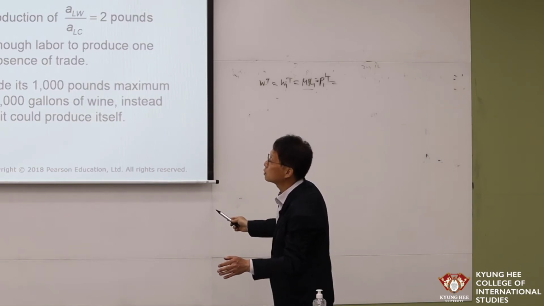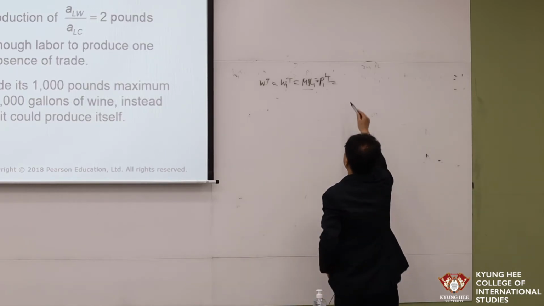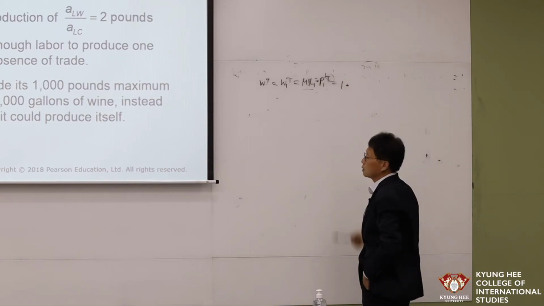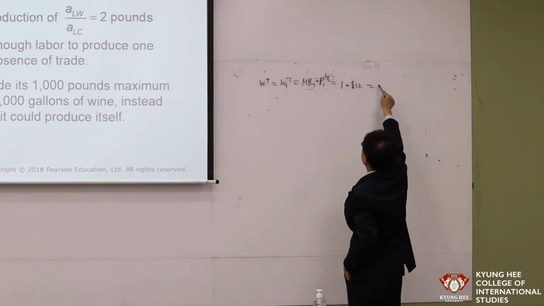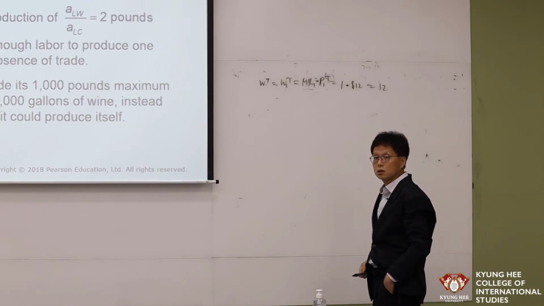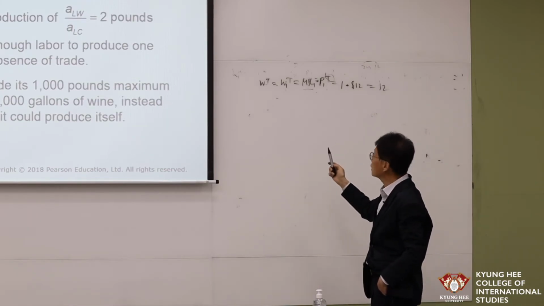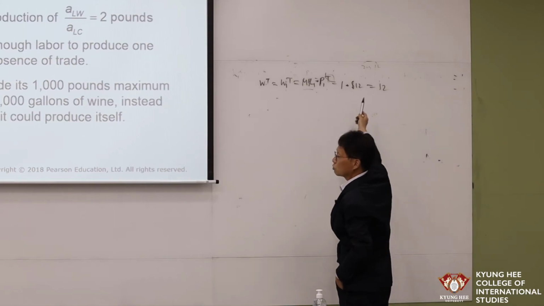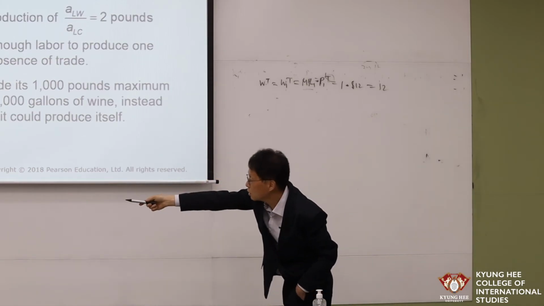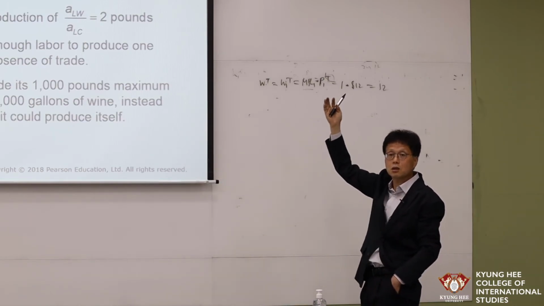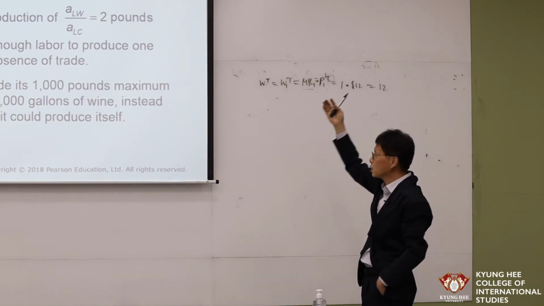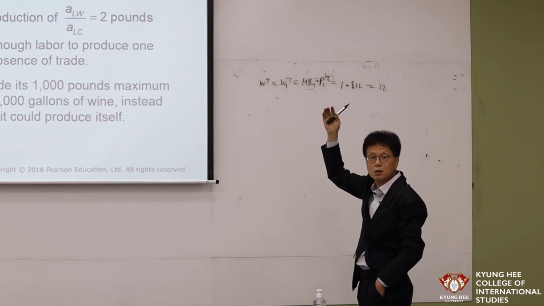MPL1 was 1, right? And the price of good 1 after trade is $12. So $12. The home country's wage rate increased after trade to $12. In the autarky situation, it was $8. Now $12. So the wage rate increases, household income increases, national welfare increases.